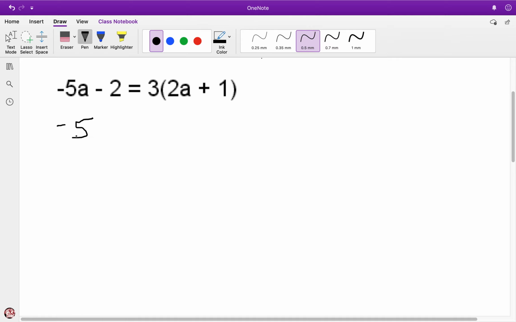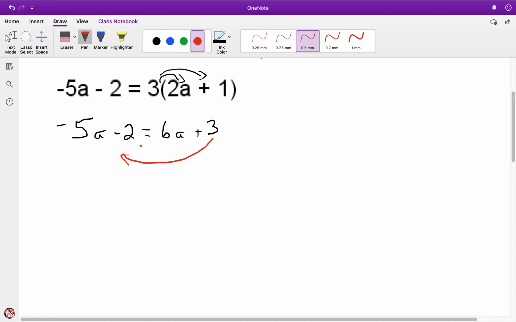So that's 6a plus 3. Now, we don't have to collect like terms, but we're going to rearrange. So first thing I'm going to do is take the 3 and put it on this side, and I'm going to take the negative 5a and put it on this side.